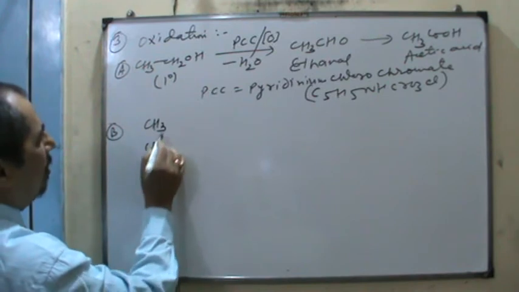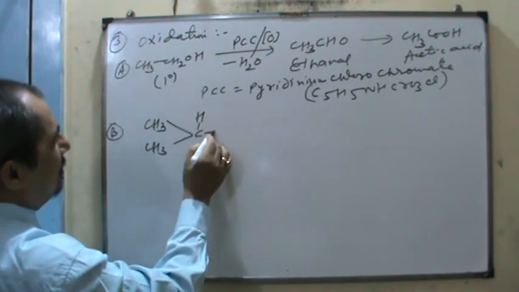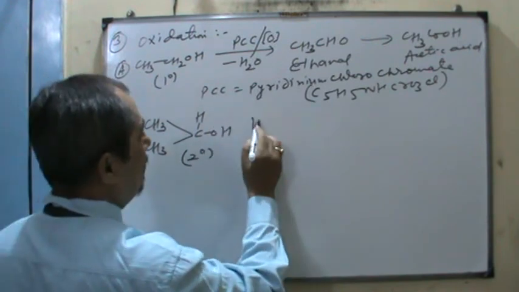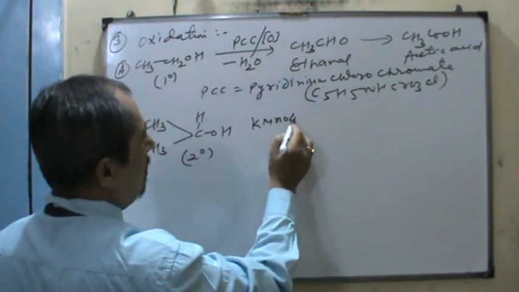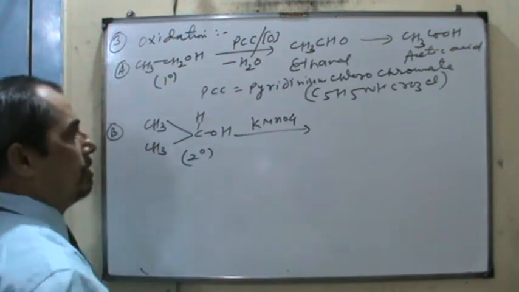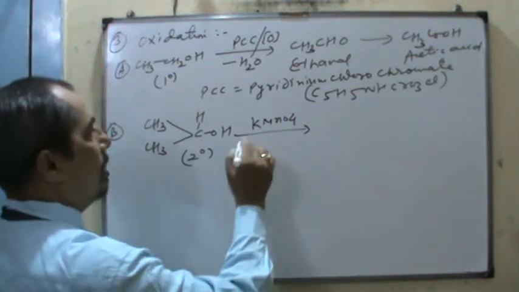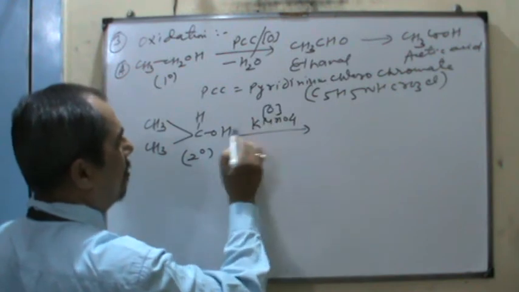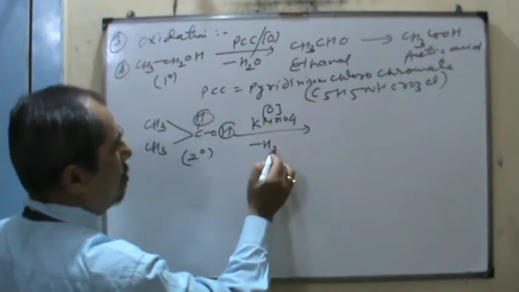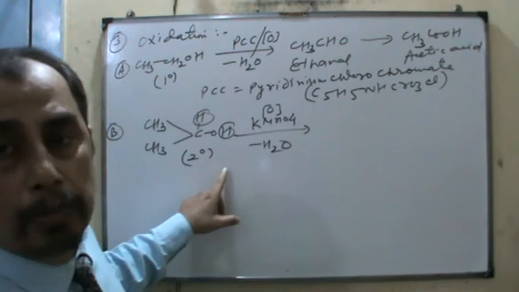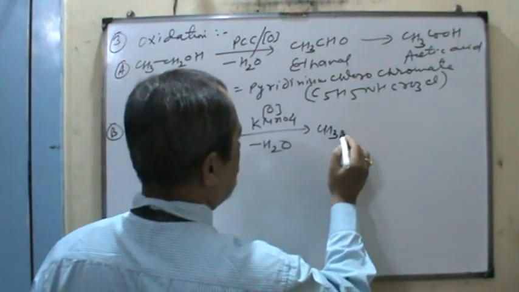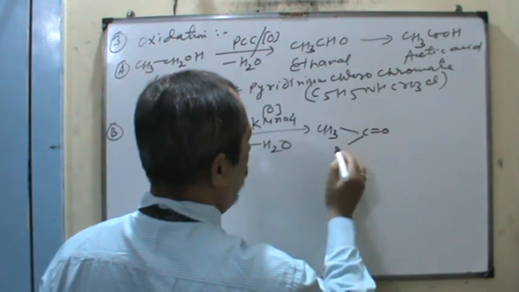Then it is what degree alcohol? 2-degree alcohol. This is the OH. Then it is KMnO4 or K2Cr2O7, because you need a very strong oxidizing agent. And then see, oxygen is here, HH, and water is lost, it forms acetone. So write down here, it is called acetone.